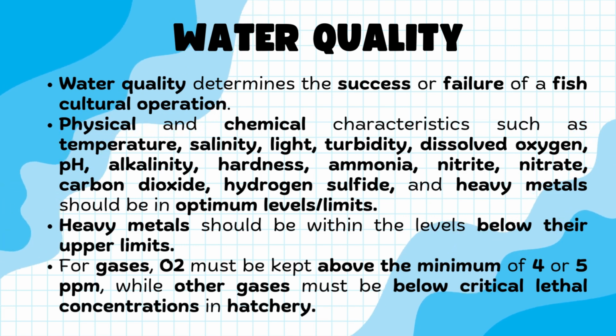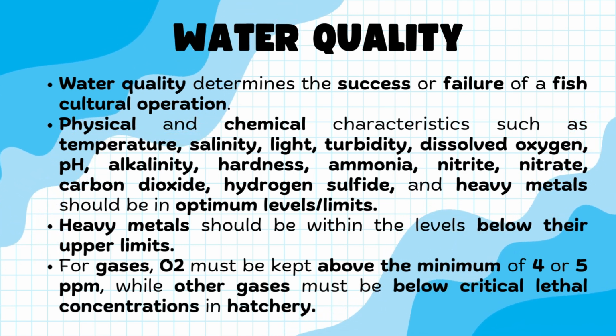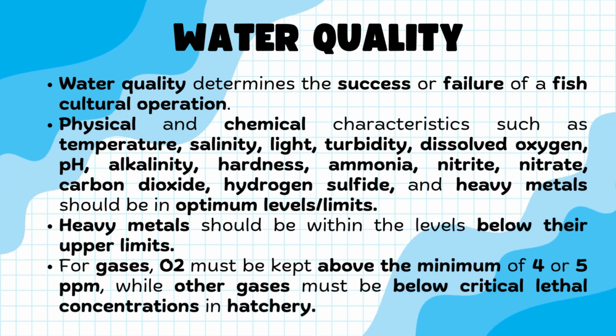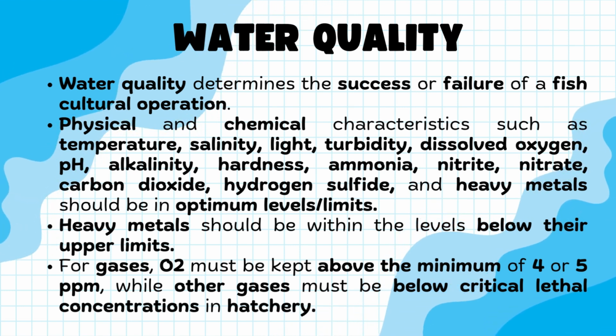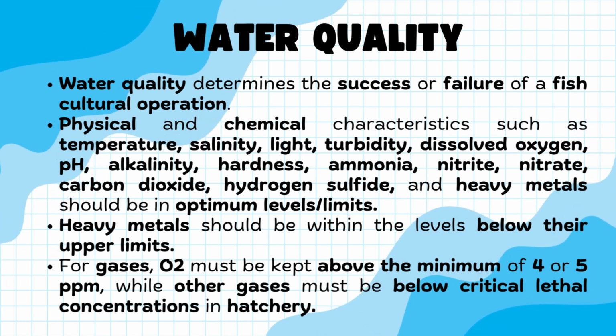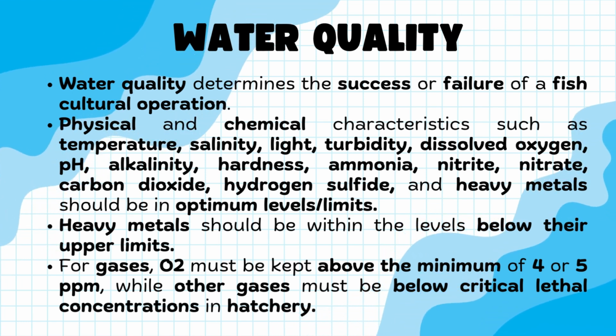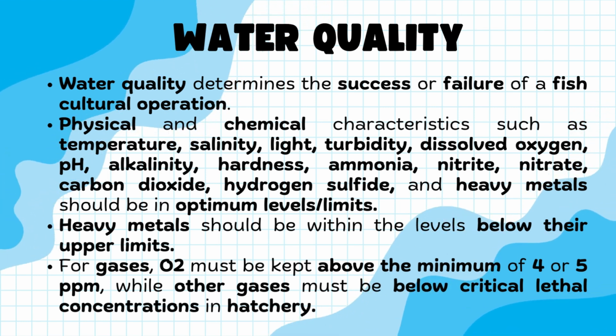For gases, dissolved oxygen should be maintained above 4 to 5 parts per million, while harmful gases like carbon dioxide and hydrogen sulfide must stay below lethal concentrations, especially in hatcheries. So, understanding and regularly testing these parameters help fish farmers maintain water quality, ensuring healthy stocks, and maximizing production.